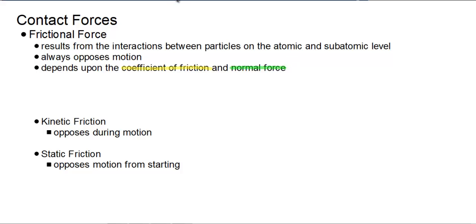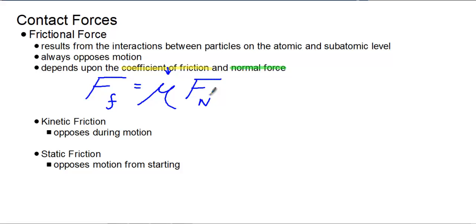Our equation we have for normal force, frictional force, not normal force. Remember we said normal force does not have an equation. But our equation for the frictional force is that FF, so force due to friction, equals mu, which is the coefficient of friction, times Fn, the normal force. Okay?